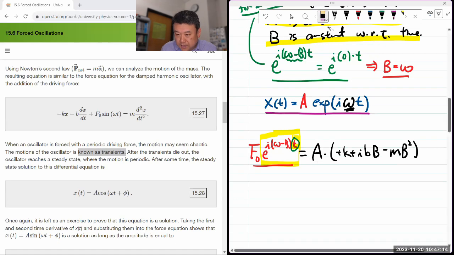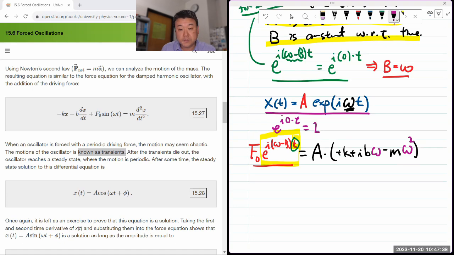On the right-hand side, let's rewrite the expression: lowercase b times omega minus m omega squared. Here, omega is not something to be solved for, it's something given to us. And this factor, e to the i 0 times t, is e to the 0, which is 1.